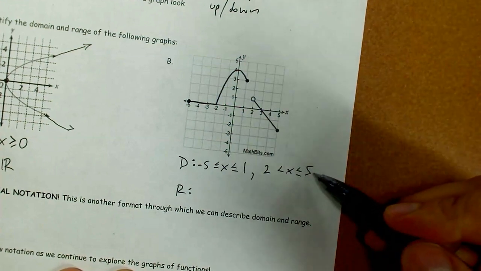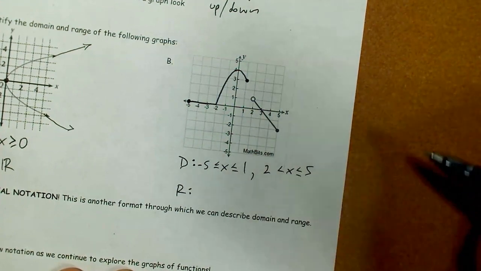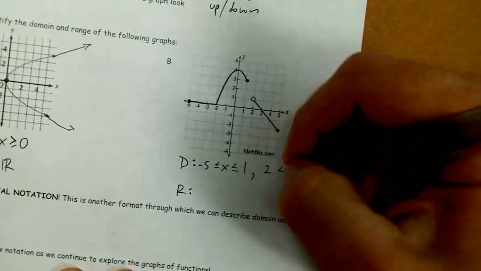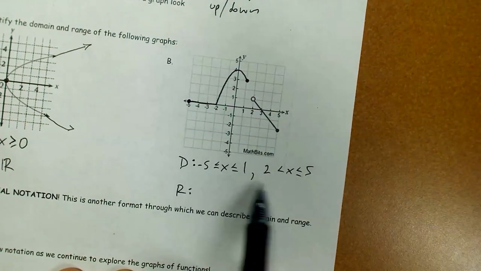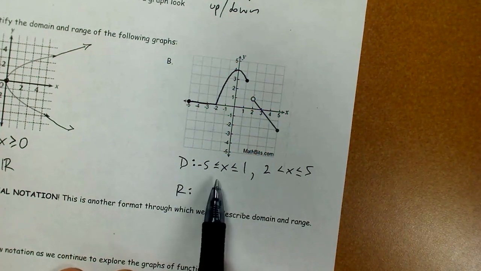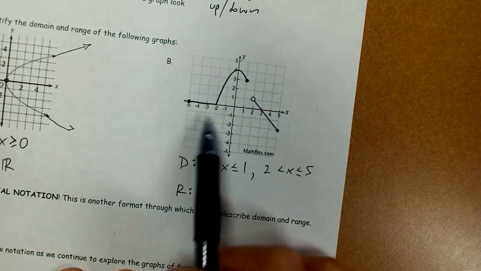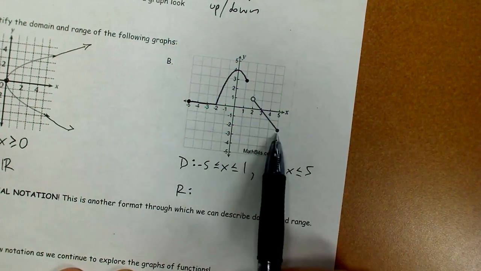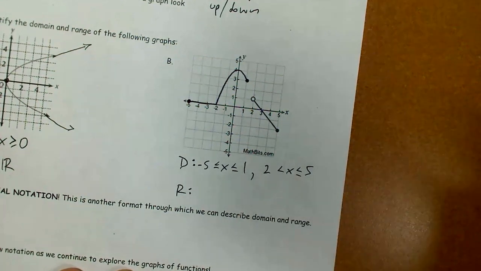Now we need an equal to at 5, but we don't here at 2 because of that open circle. It doesn't include 2. So we have two different, small intervals on our x's. X is greater than or equal to -5 and less than or equal to 1, or from 2 up until 5, including 5 and not 2.